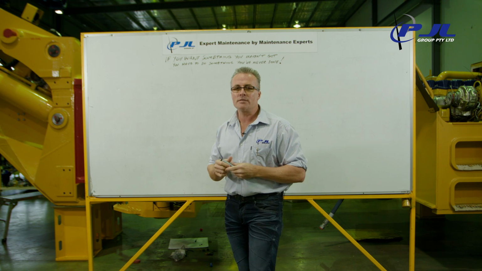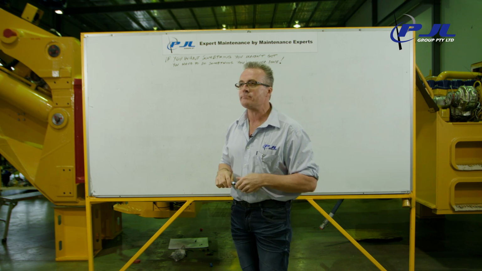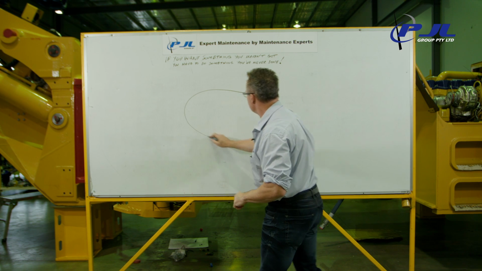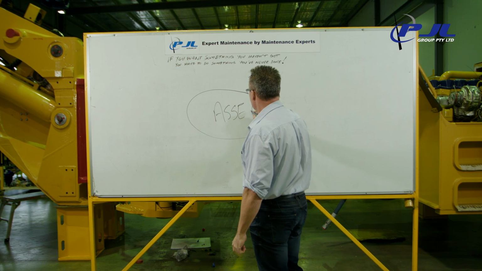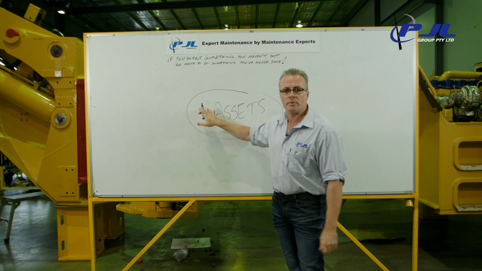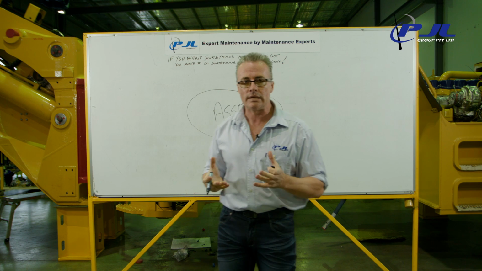The next question that we always get is, where do I start with my asset management? And the place to start is here. These are your assets. This can be your fixed plant, or your mobile plant. We focus on mobile plant because that's what we're really interested in here.